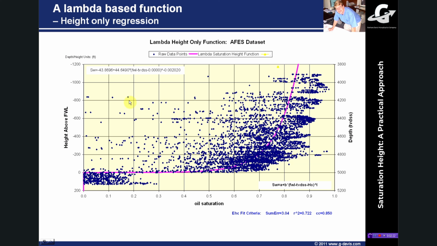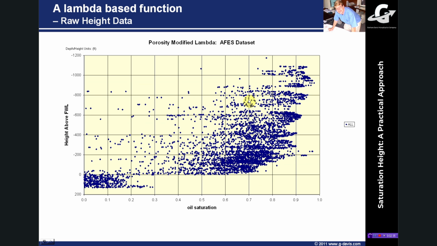Whereas mathematically speaking, the errors in some of these terms here may be large enough to start swinging you back away from where you'd naturally draw the line. So that's the height only regression.